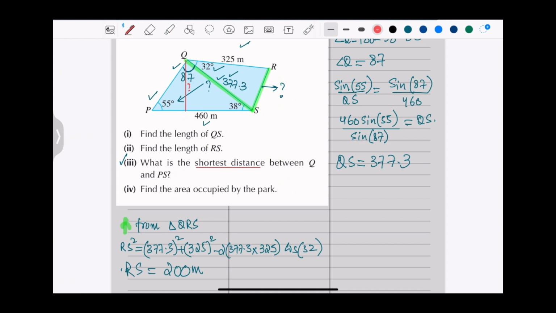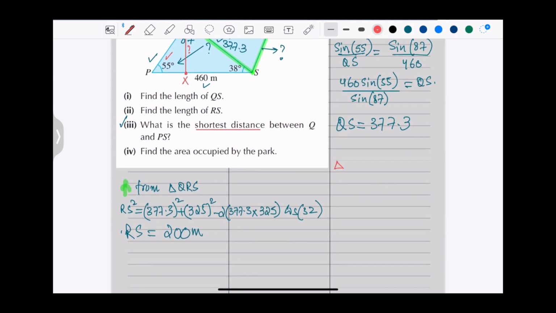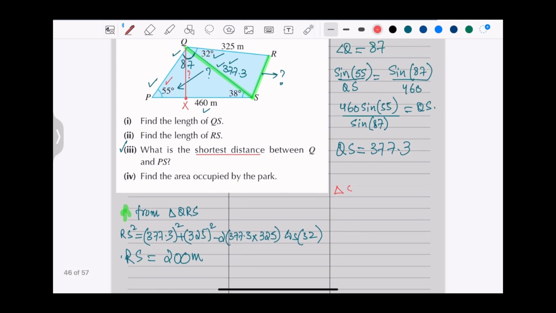Now let's call this point where it is touching PS X. As you could see, there are two triangles, PQX, in which one angle is given, rest nothing is given. But from triangle SXQ, I'll highlight that, this one. Now from this triangle, you have a side QS given, and you have 38-degree angle given as well. And you are to find the opposite.